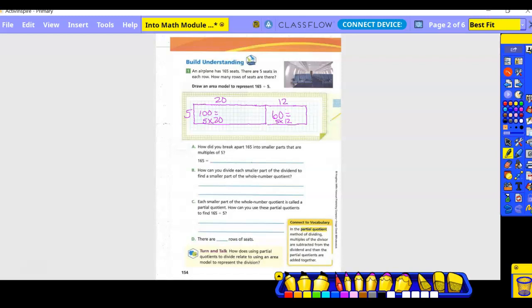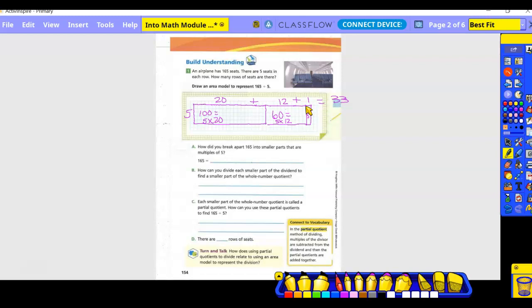Now how much do I have left over? 5, right? This one's a little trickier because we already have 5 here. So we would only have to go over how many boxes? 1, right? Because 5 times 1 is 5. So this would be 1. Now what do I do? I add these. 20 plus 12 is what? 32, plus 1 is 33. So 33 is what 165 divided by 5 should be.